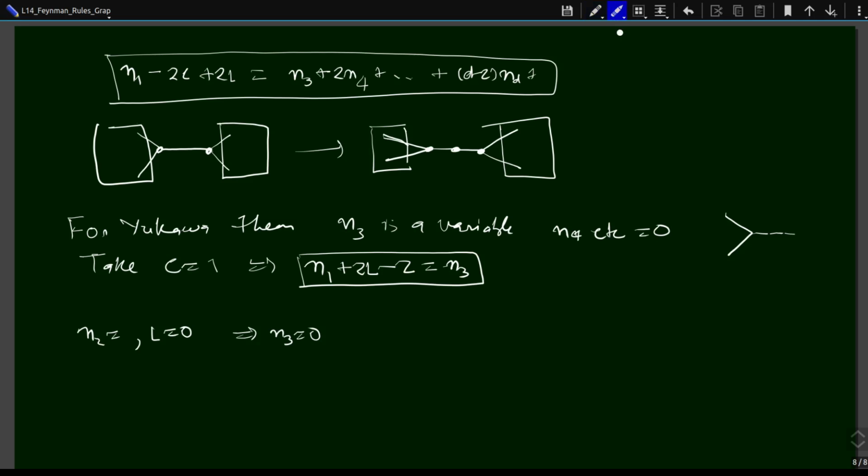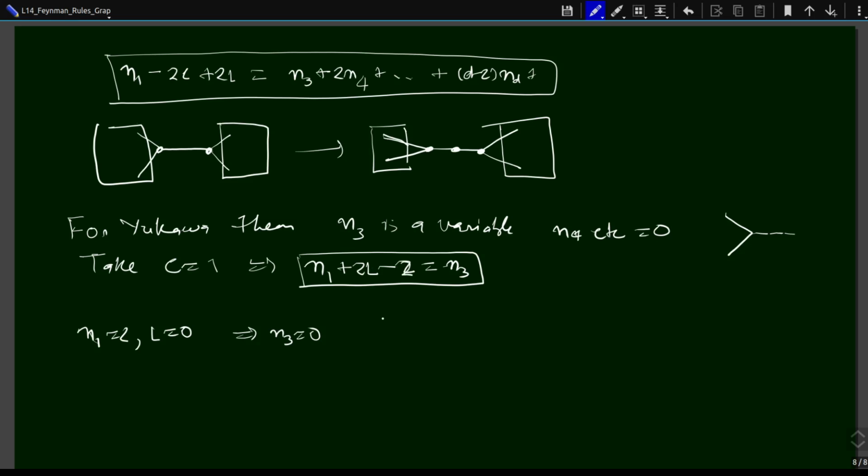I wrote completely weird stuff. N1 is equal to 2, not n2 equal to 1. N2 doesn't appear. The number of external legs is 2, the number of loops is 0. So 2 minus 2, the formula itself contains minus 2, so this 2 cancels out, L is 0 anyways. So you get n3 equal to 0.